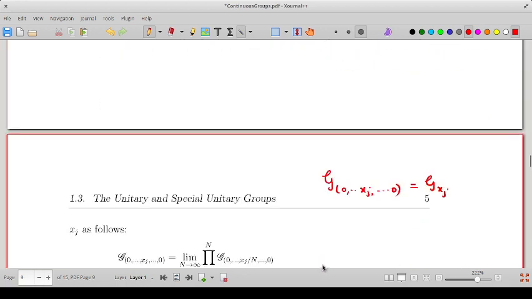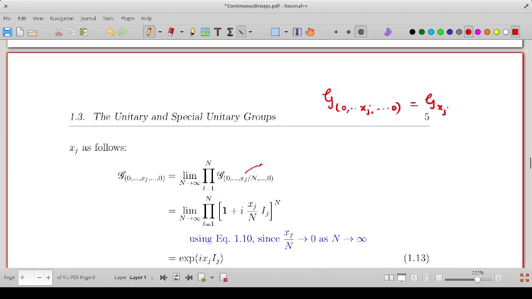So I may write each of these terms as identity plus i, instead of epsilon_j, I have x_j by n times the generator. There are other terms of order 2 in x_j by n. But since I take n tend to infinity, x_j by n tends to 0, and I may neglect them.